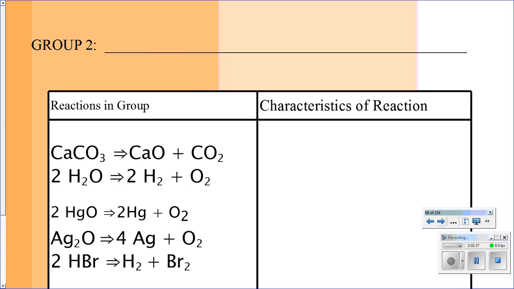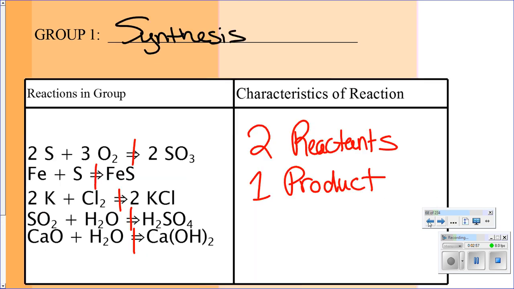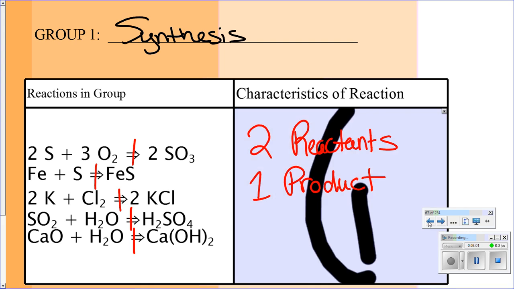The opposite of this, if you look where our arrows are here, is a reaction where one single thing is broken down into multiple products. So on all of these, we have 1 reactant being broken down into 2, and actually it could be 2 or more products. I should probably mention that on the synthesis one as well.